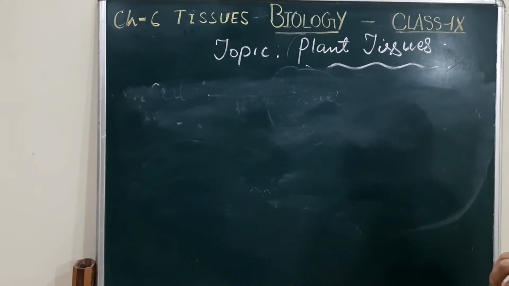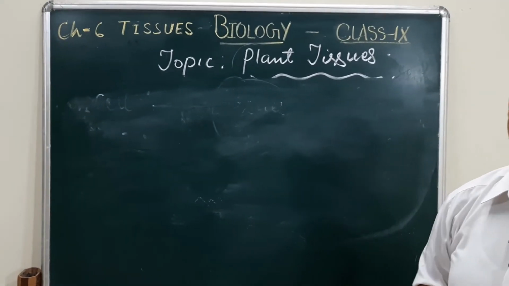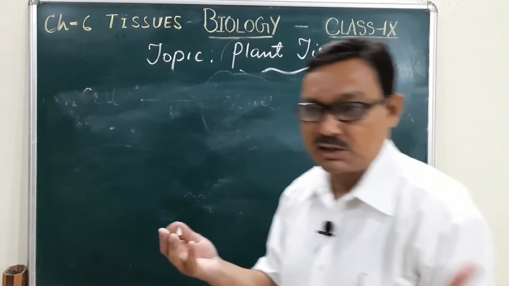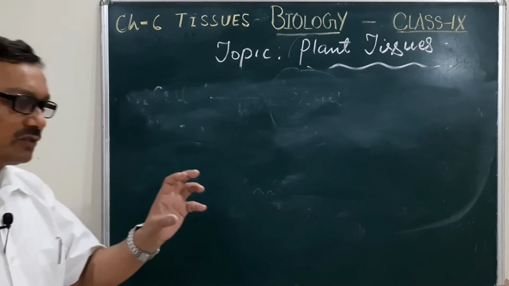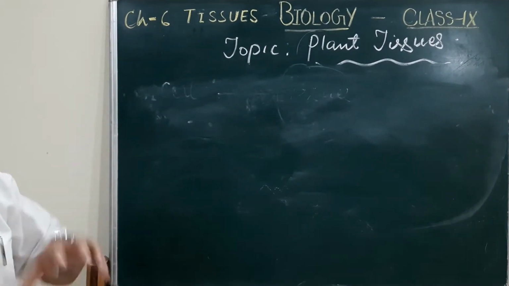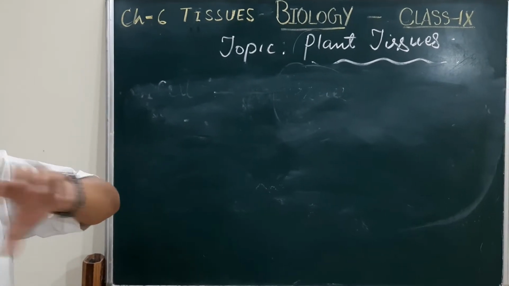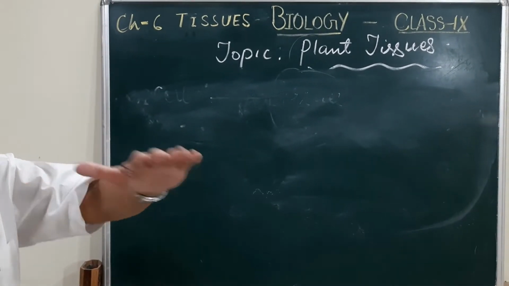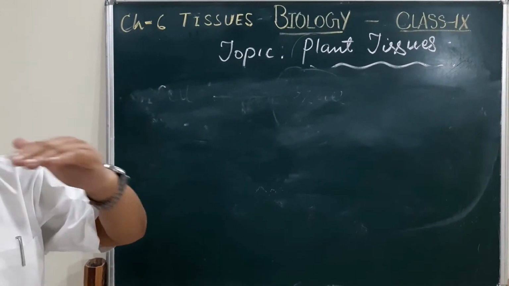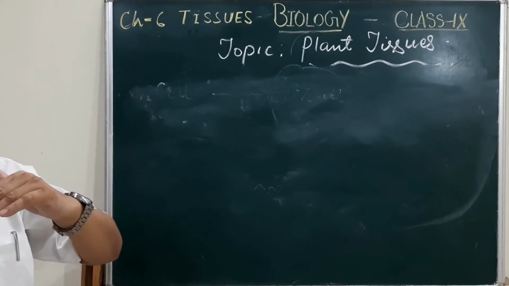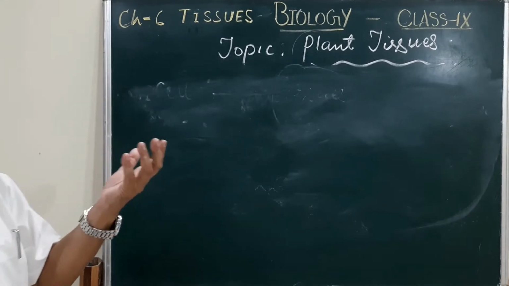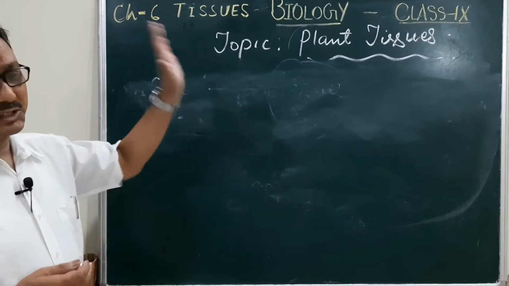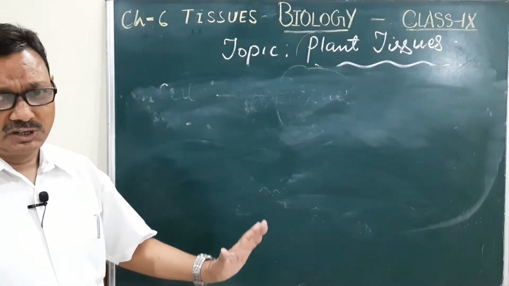The tissue is composed of dead cells also, and living cells also, which are mainly present within the growing parts, like the root tips, the stem tips, the leaf base, the node, the internode bases. All these things we will discuss, but first let us look at the classification of the tissue in the plant.